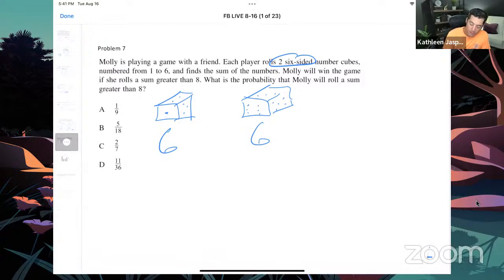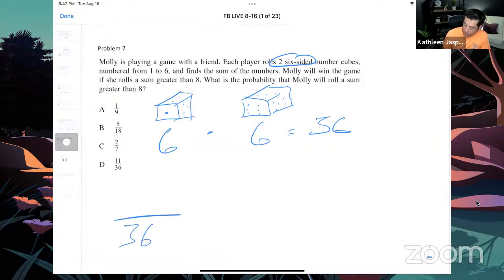Well, you have 6 chances here and 6 chances here. Anytime we're doing combinations, there are 36 possibilities. So right away, I know that we're doing probability. The total amount is going to be over 36.